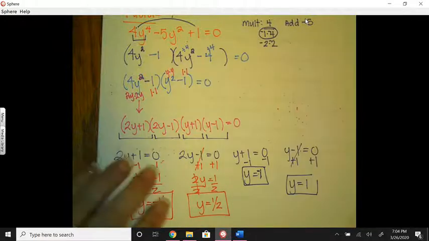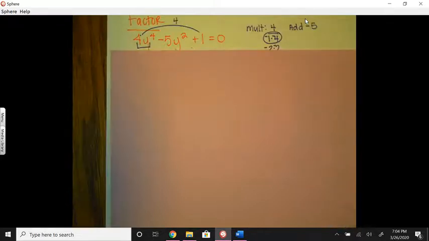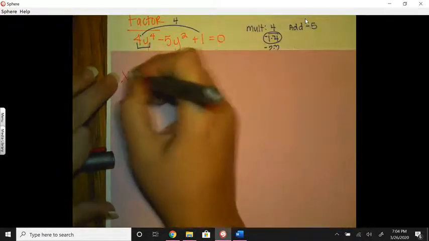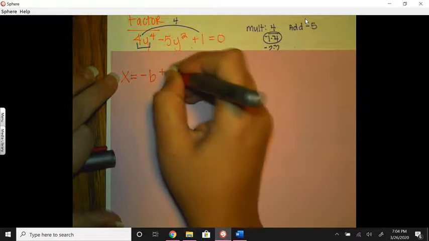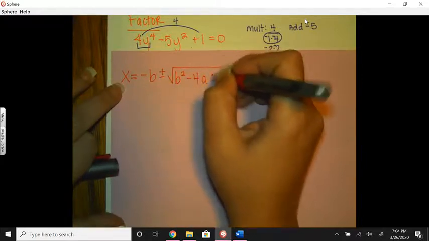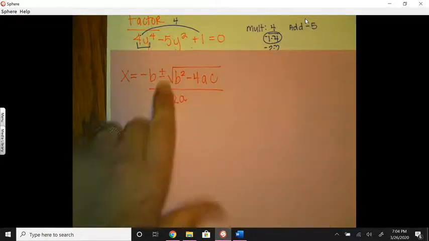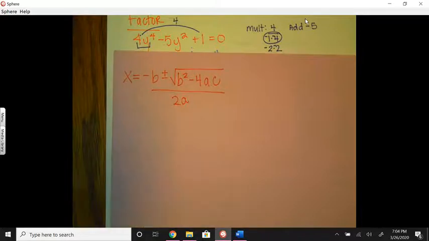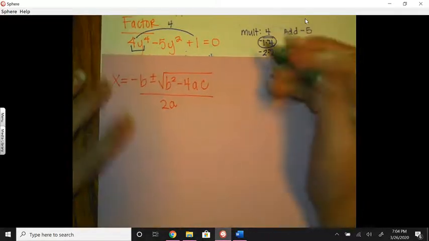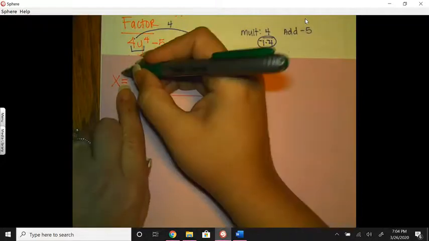So our quadratic formula is negative b plus or minus the square root of b squared minus 4ac all over 2a. But because this would work if the equation was quadratic and it's 4, that's why we're going to have to put a 2 here.